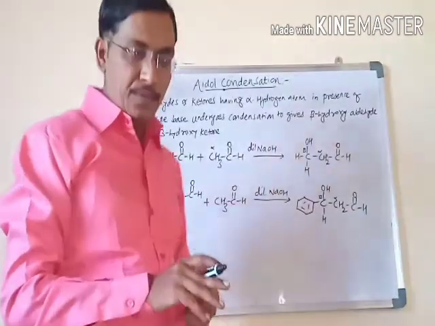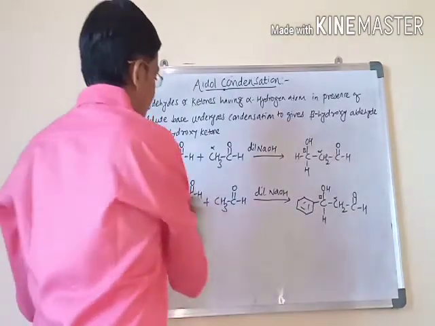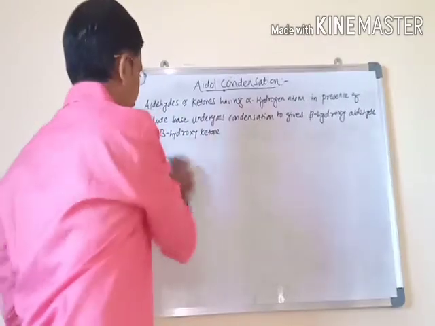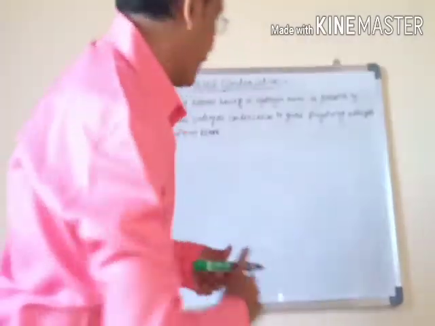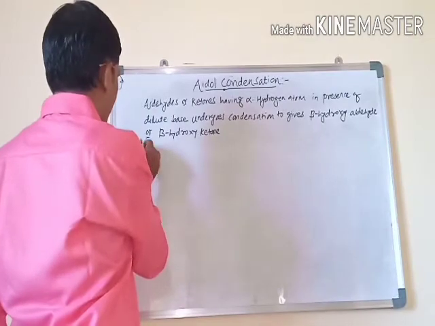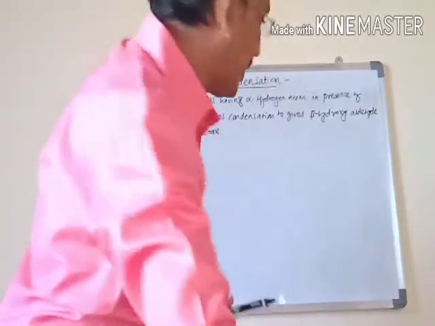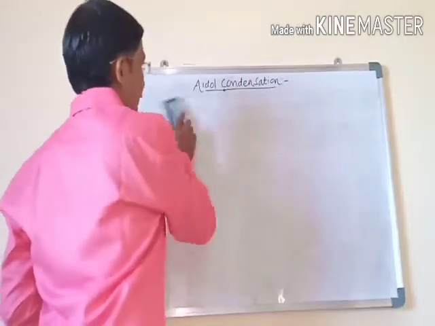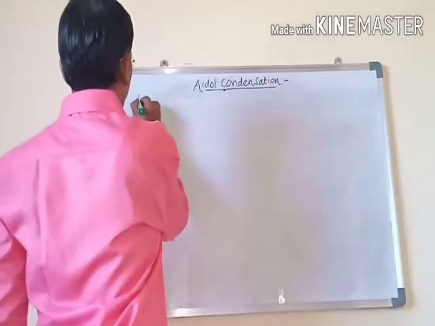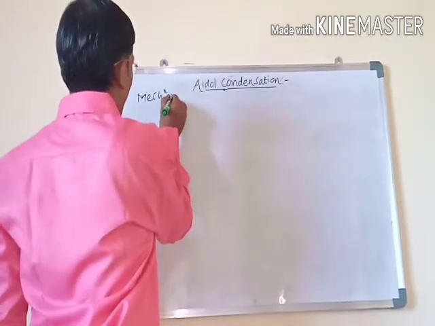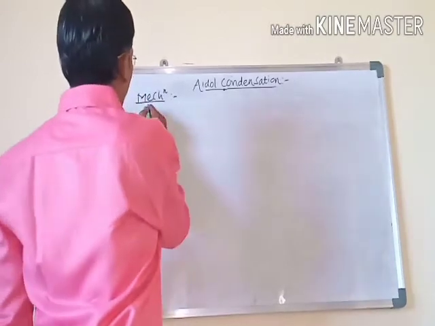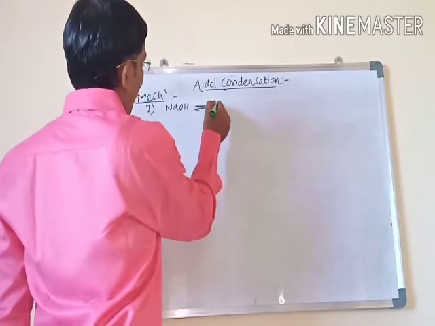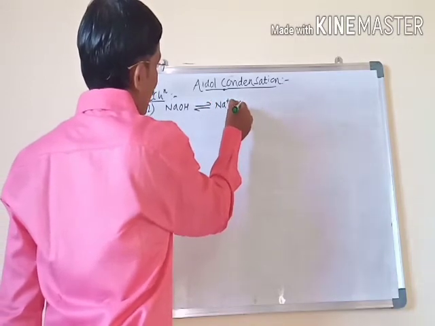Now we will see the mechanism of this reaction. First step, dilute NaOH undergoes dissociation to give rise to Na plus and OH minus.